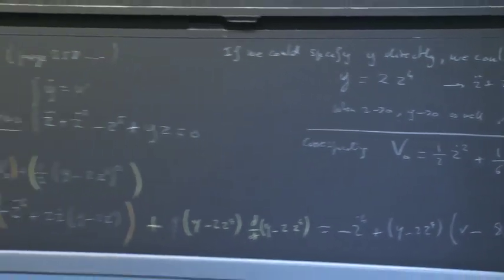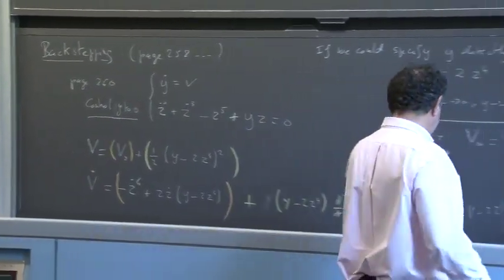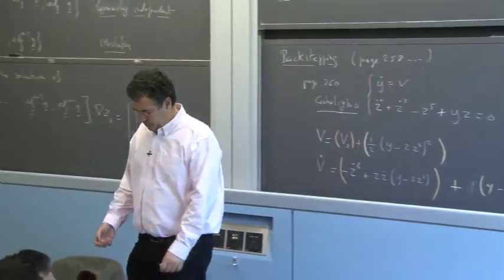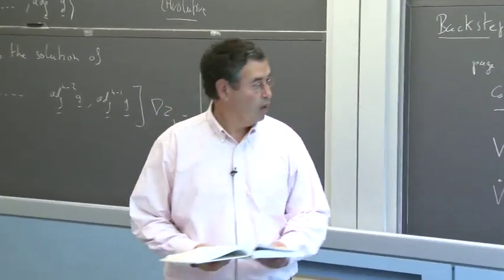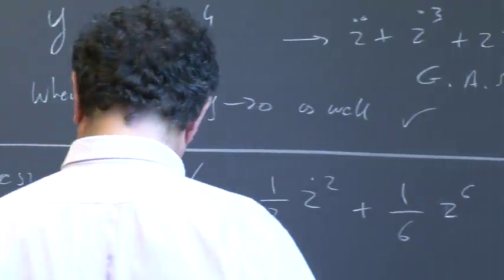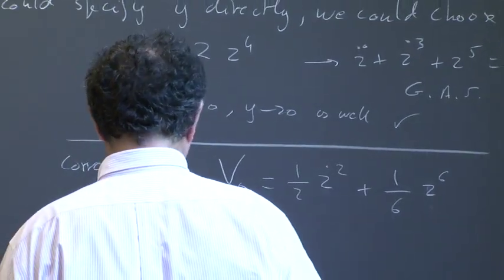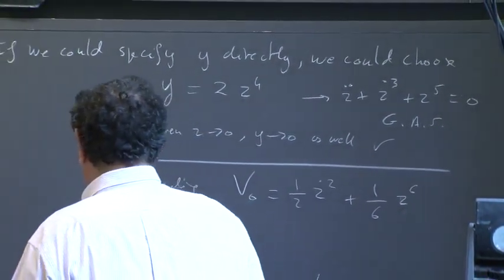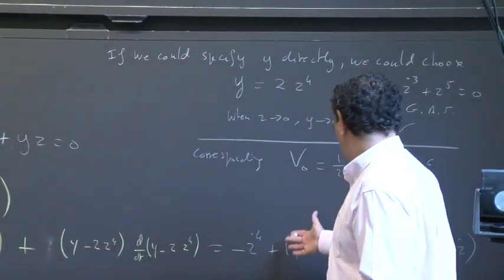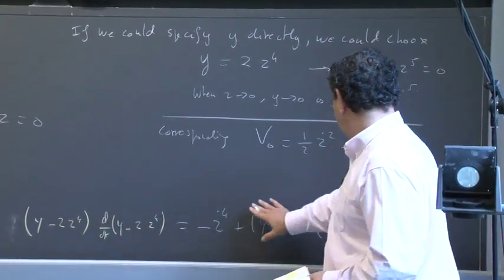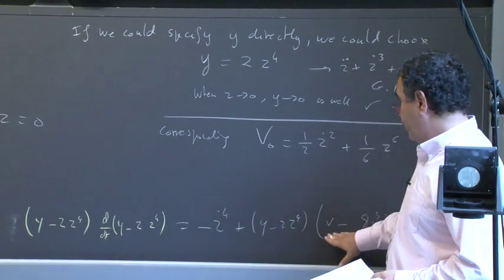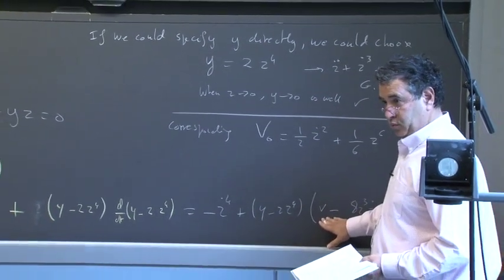Okay, so this is just by doing this algebra. So now we have this minus z dot to the 4, which is nice and negative, and then we have this term, which is y minus 2z^4 times something, but of course v is what we can choose.